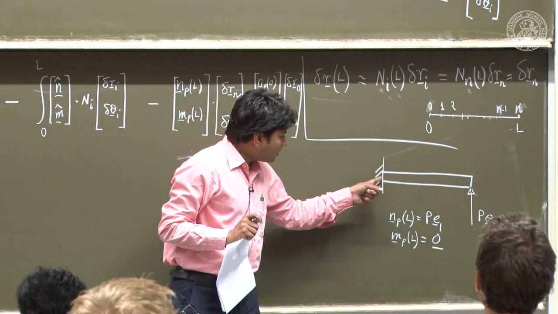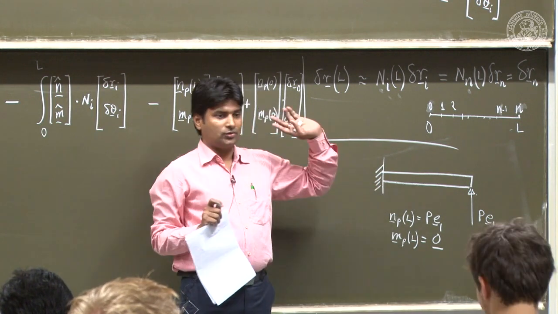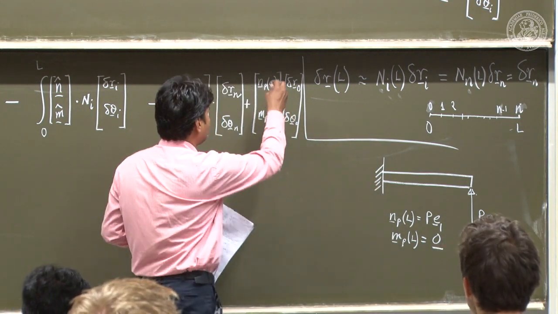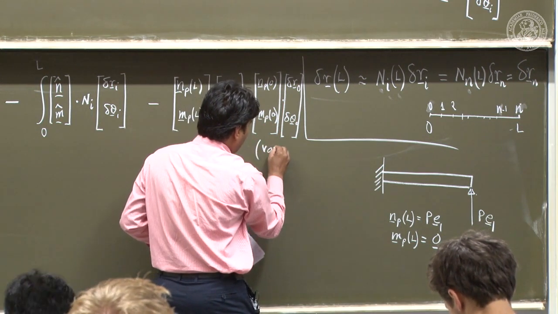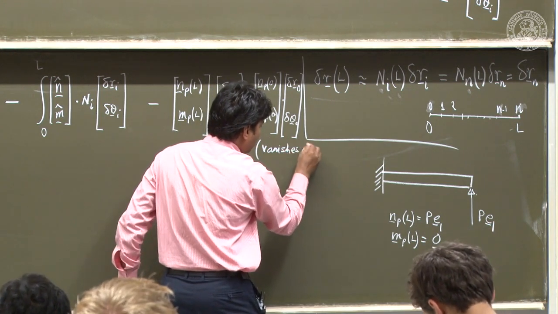So, del little r at 0 is 0 and del theta 0 is also 0. So, that is how you take care of this 0 boundary condition. So, this actually vanishes in cantilever problem, not always, but in case of cantilever.